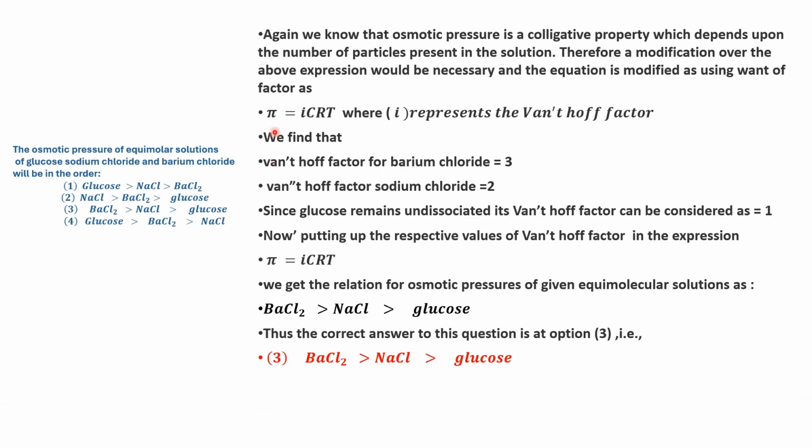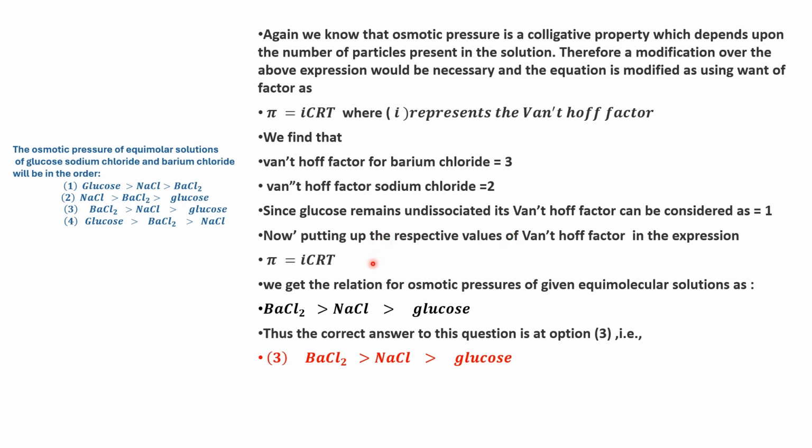So we correct the formula to pi is equal to iCRT, where i represents the Van't Hoff factor, and the Van't Hoff factor for barium chloride is found to be 3, for sodium chloride is 2, and glucose, of course, remains undissociated. You can say its Van't Hoff factor is 1.